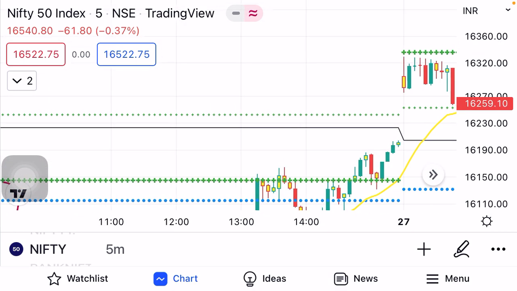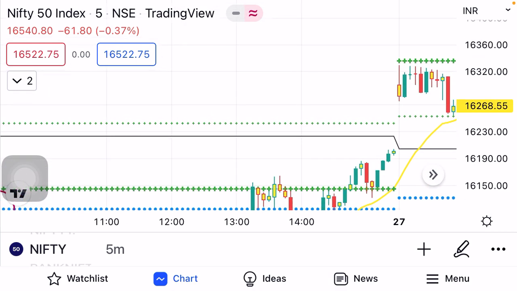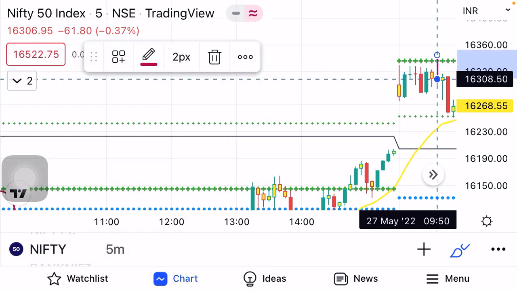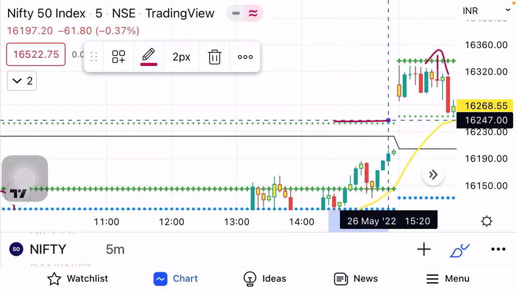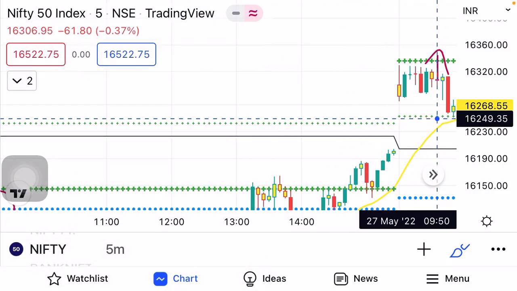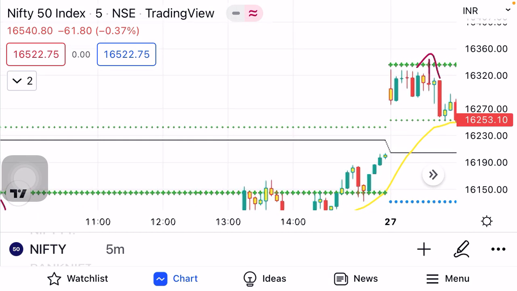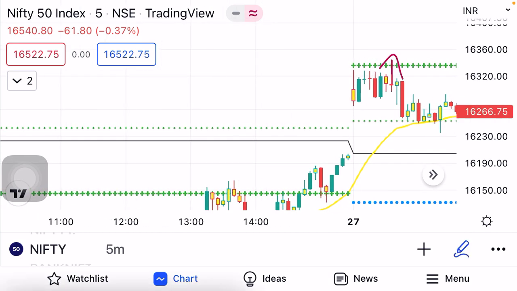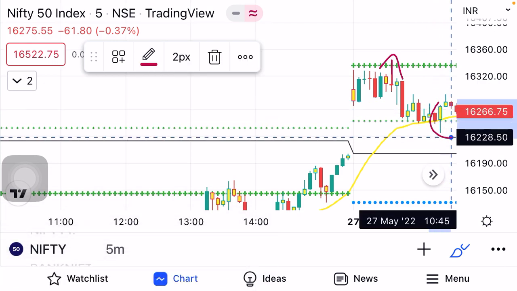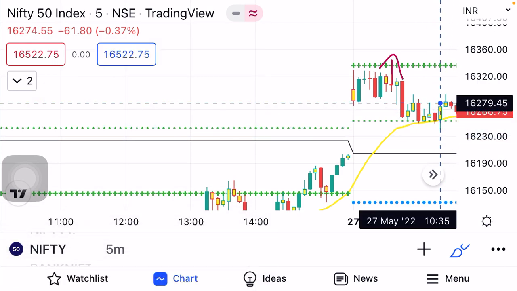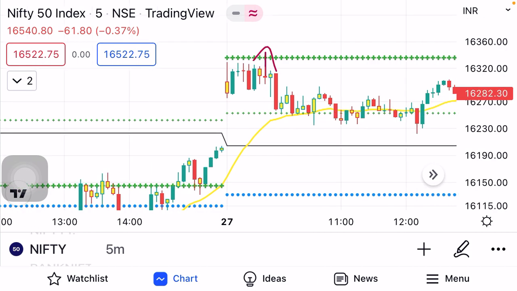So we'll wait for some time. If the market is bullish, it should at least cross H4, or it should come near H3 for a clear price action. So this is the point where we can take a call position. This candle is indicating that we can take a call position.